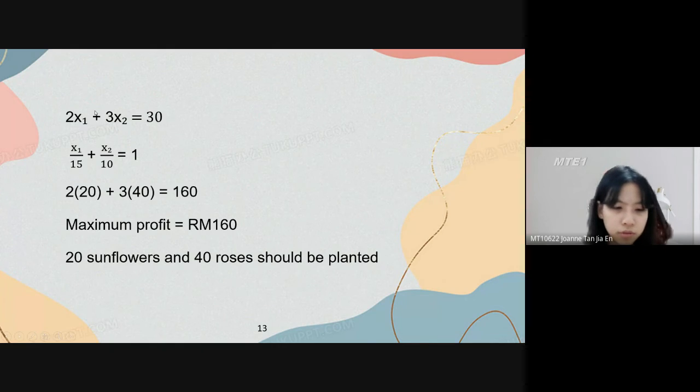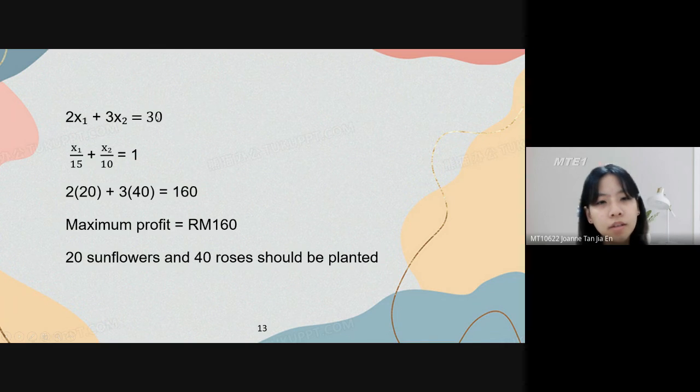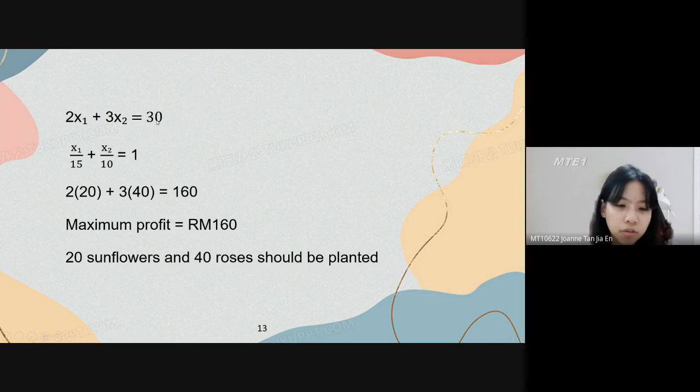Lastly, we should find the maximum profit for the equation here. This is the objective function. Here I put 30 at the back of this equation. So for the objective function, each number should be divided by 30 because I put 30 here.